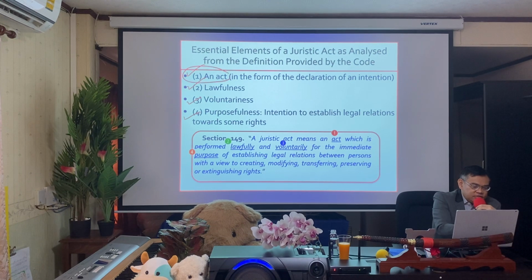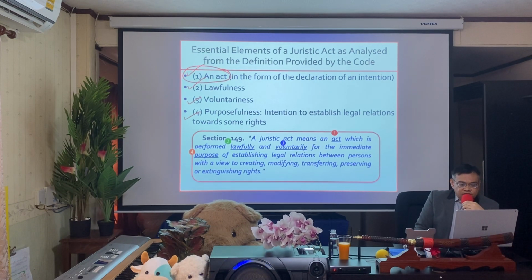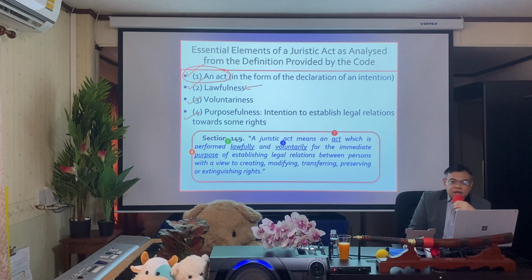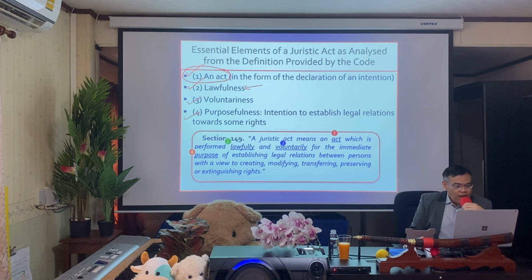We have discussed the first element, which is an act in the form of the declaration of an intention. Now we are moving forward to discussing the second element of a juristic act, lawfulness. Back to what section 149 says: a juristic act means an act which is performed lawfully.